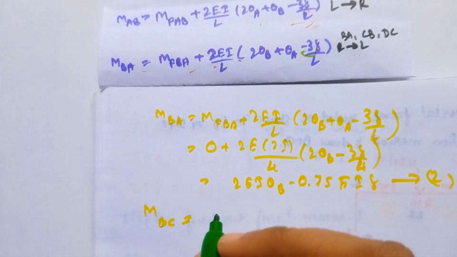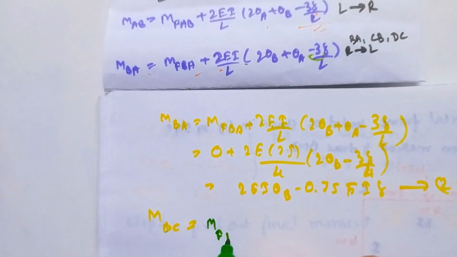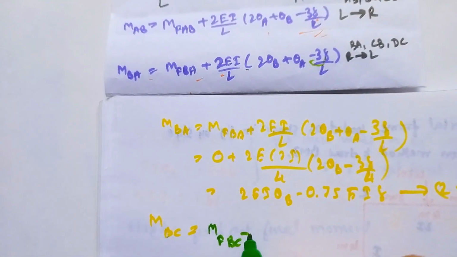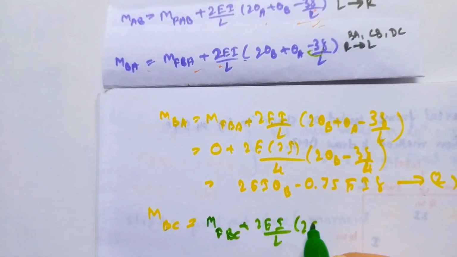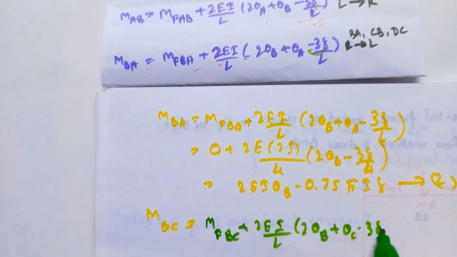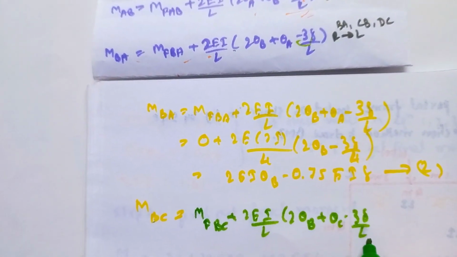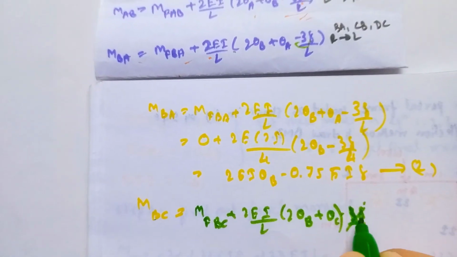MBC is equal to MFBC plus 2EI divided by L, 2 into the first letter theta B plus theta C minus 3 delta divided by L. We should not add this because it's a horizontal member, so I am cancelling it.